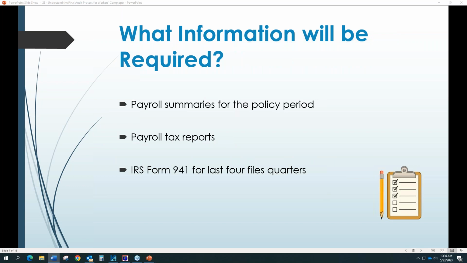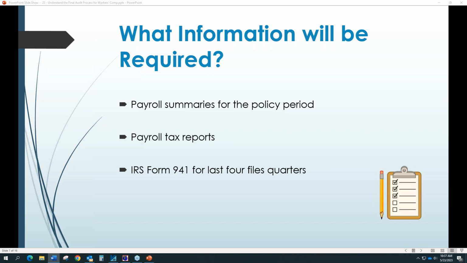What information is required? The most important step in preparing for your premium audit is to have the appropriate records organized and available. This is going to include payroll summaries or a similar report for the dates of your policy, employer's quarterly federal tax return form, 941s or 943 reports, quarterly unemployment insurance tax reports, 1099s, W-2s, W-3s, overtime wages summarized by classification, list of employees and duties, subcontractor and contractor records.